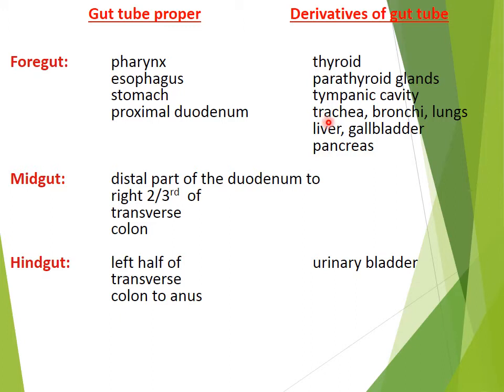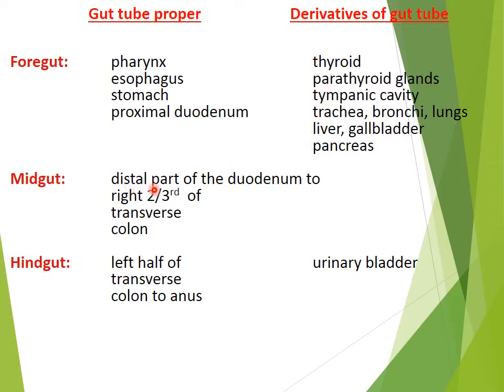From the respiratory diverticulum, the trachea, bronchi and the lungs get all their parenchymal tissue derived from the endoderm of the gut tube. The liver, gallbladder and pancreas, developing from the hepatic and pancreatic buds, are also derived from the ventral wall of the foregut. So they are all the derivatives of foregut.